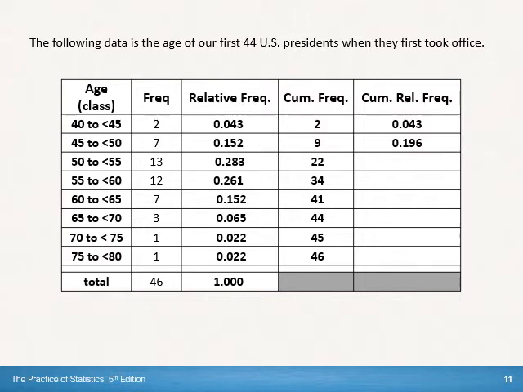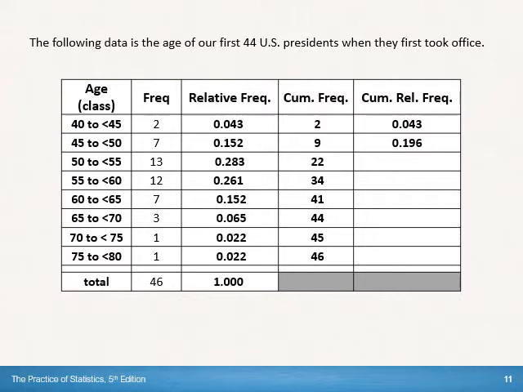Another way that you could do this, rather than adding up the relative frequencies or creating a running total with the relative frequencies, is you could take the cumulative frequencies and divide those by 46. So 9 divided by 46 would also give us that 19.6. So you can do a running total of frequencies, or just start over.